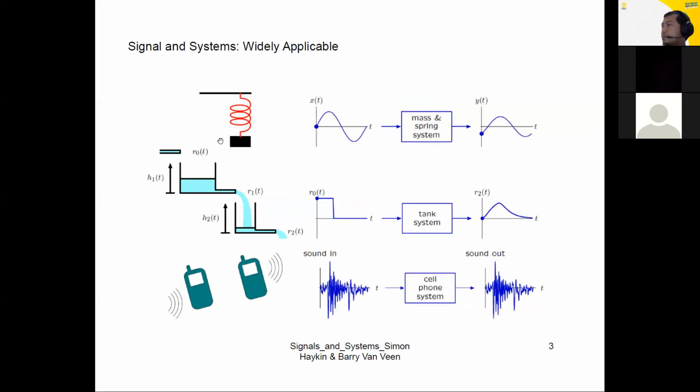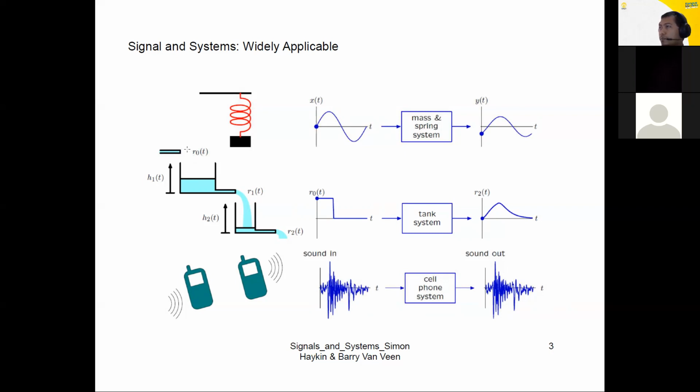Okay. This is another example of the relation between input and output signal. Besides the mass spring system, there is a water tank. For example, the input is R0, and we want to know the flow, or debit.